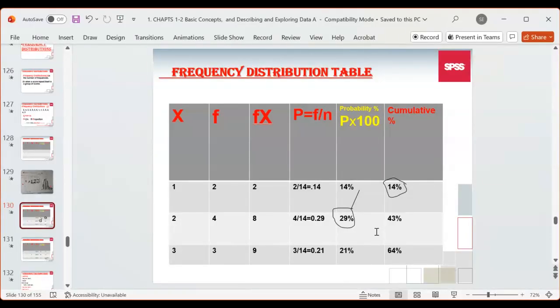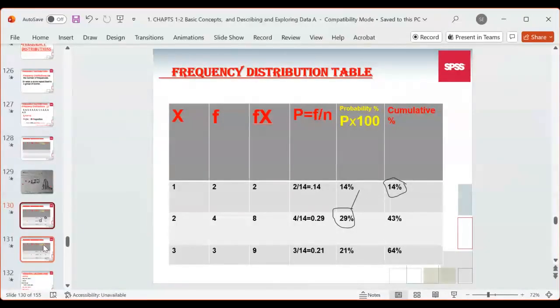That would be 29%. And then the last column is called cumulative 100%. Cumulative means adds up. So you add it up with the next one. You add that number, 29%, with the previous one, which is 14%. That gives you a cumulative number of 43%.